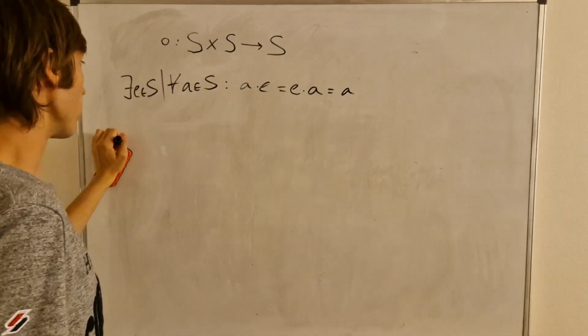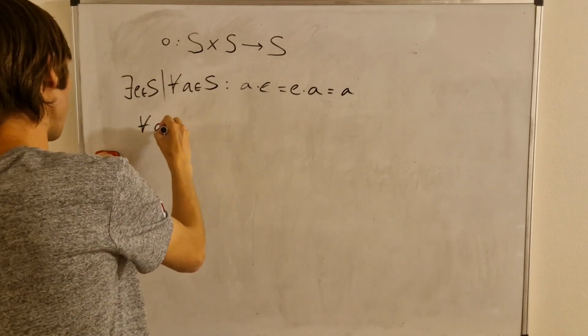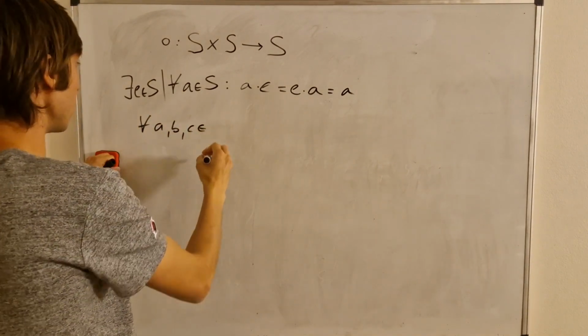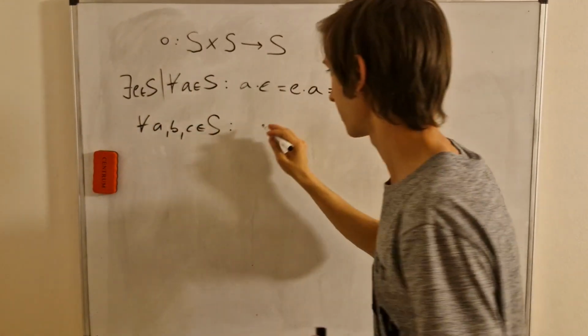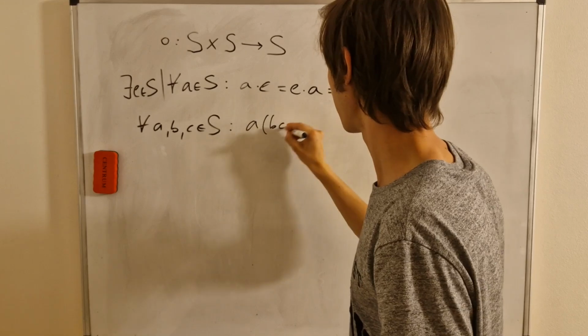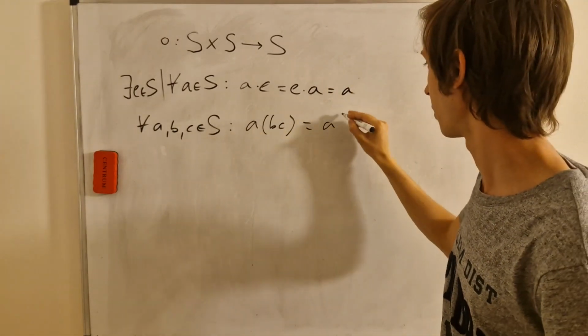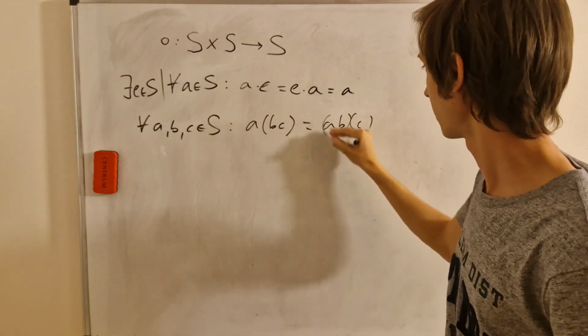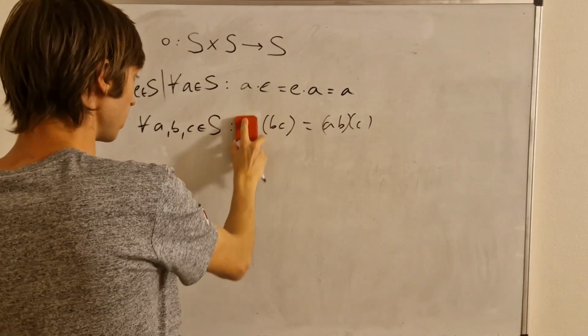And the second property is: for every A, B, C inside the monoid, we have (A∘B)∘C equaling A∘(B∘C).